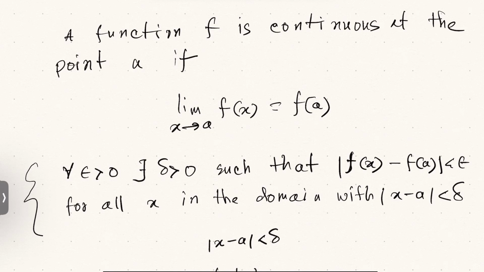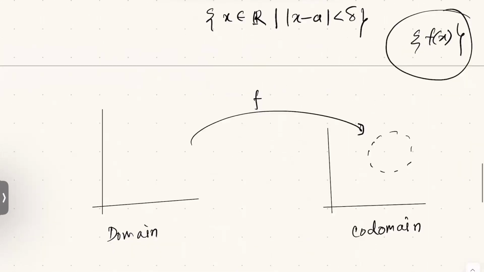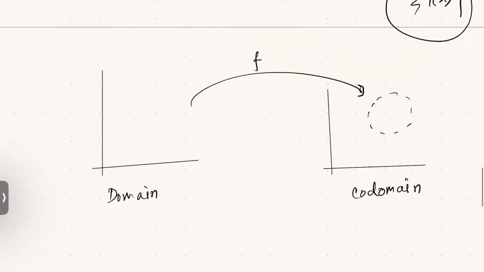In higher dimensions, it may be something like a circle or a sphere without the boundary. Although we did not define what the boundary of a set is, let us just think about it intuitively. So this is just an open interval type of thing.